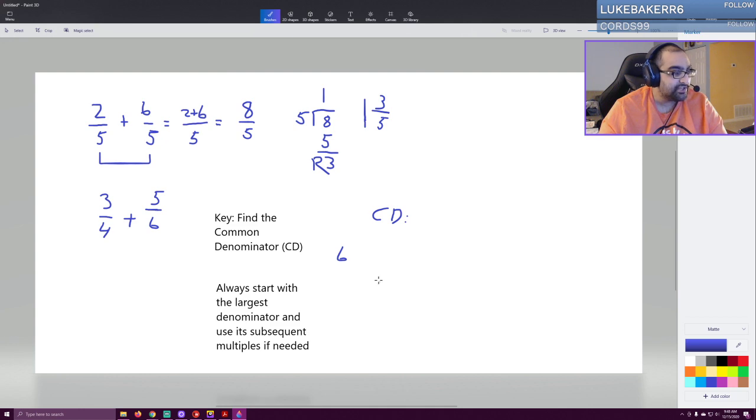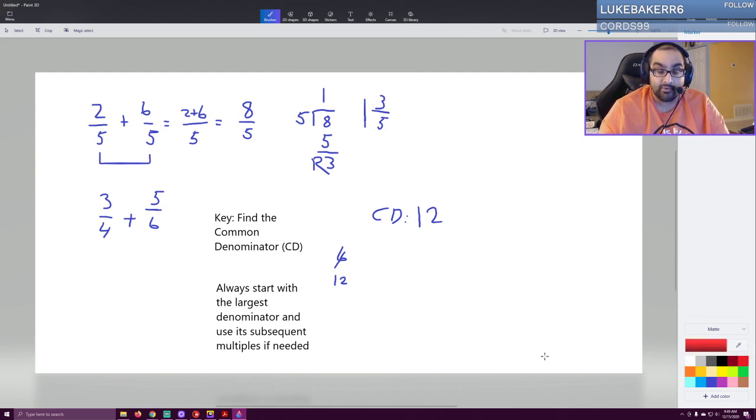Well, no, 4 doesn't divide 6 evenly, so we have to move on to the next multiple up, which is 12. Does 6 divide 12? Definitely, because it's a multiple. Does 4 divide 12? Yes, it does. So our common denominator here has to be 12, since 4 divides 12 evenly and 6 divides 12 evenly.